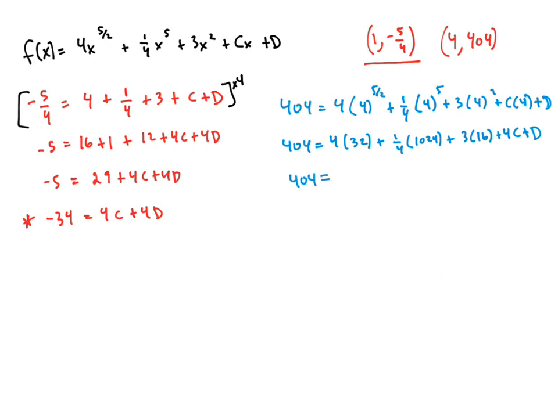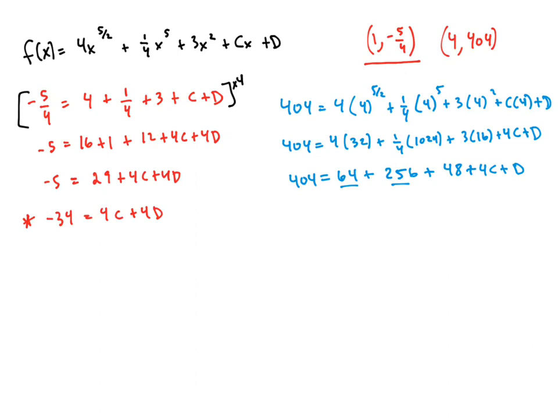So we end up with 64 plus, what is that? 256, I think. Let's go with it. 3 times 16 is 48 plus 4c plus d. Let's add some stuff together here. 256 plus 64, that's going to be 320. Plus 48 is 368.